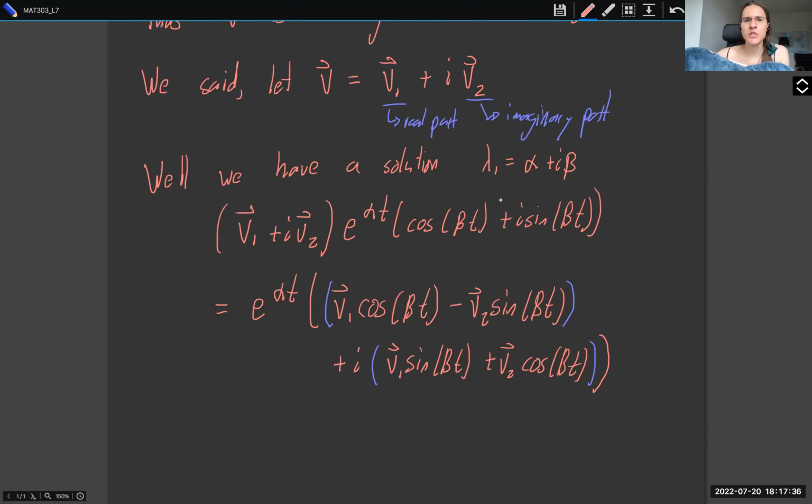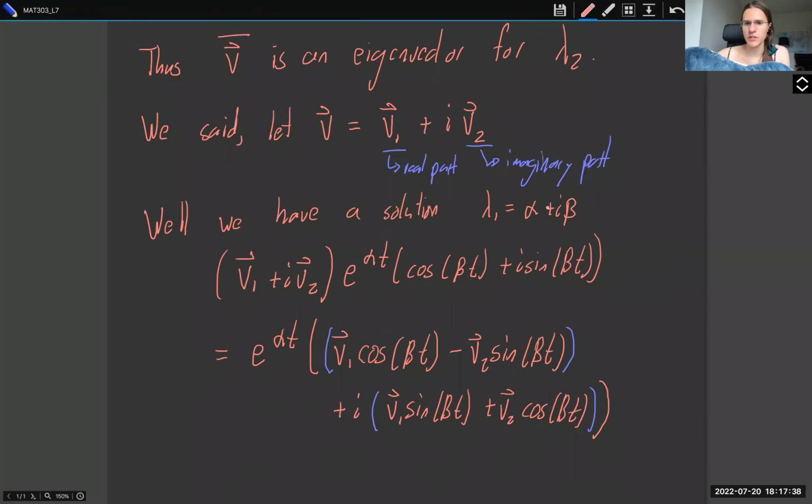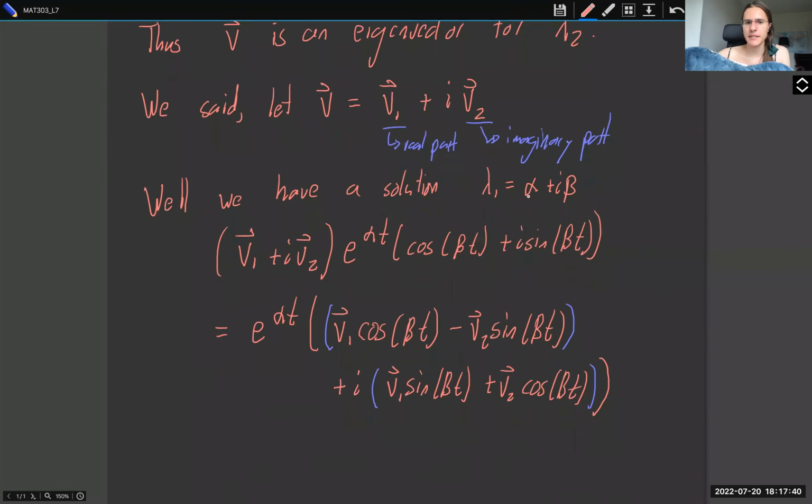And had we used the complex conjugate roots, then this i would have changed by a sign, but so would this.